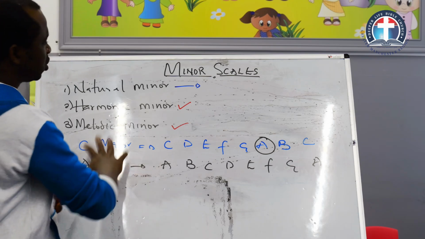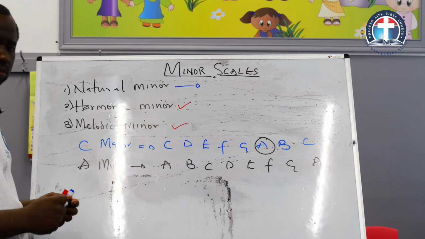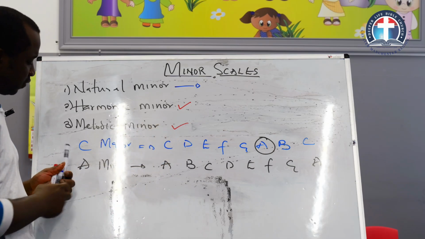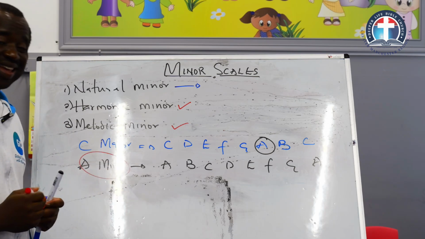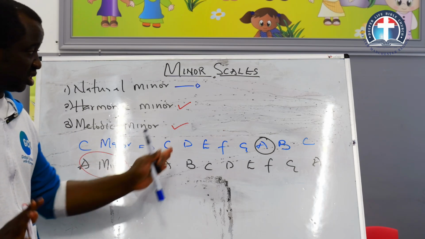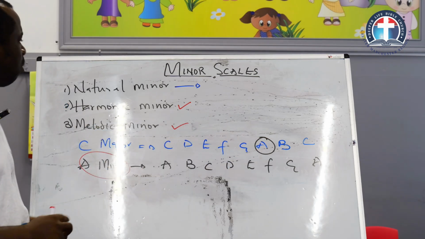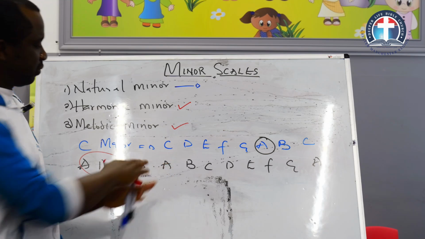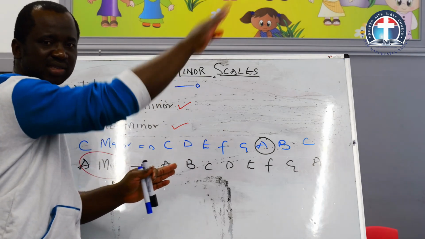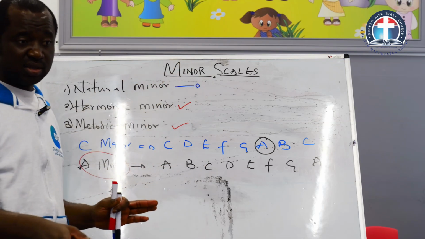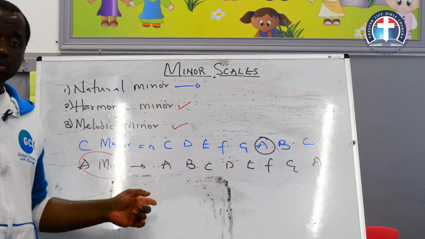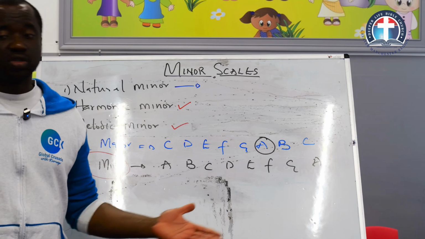Okay, now let me still use this example. So remember, for now, everything here is A natural minor, because it's just natural. Natural minor is the same thing as major: when you ascend, you descend the same way. So for natural minor, we use the key signature of its relative major.